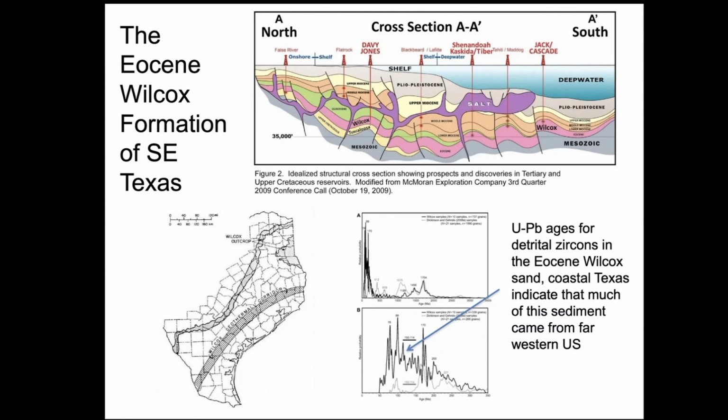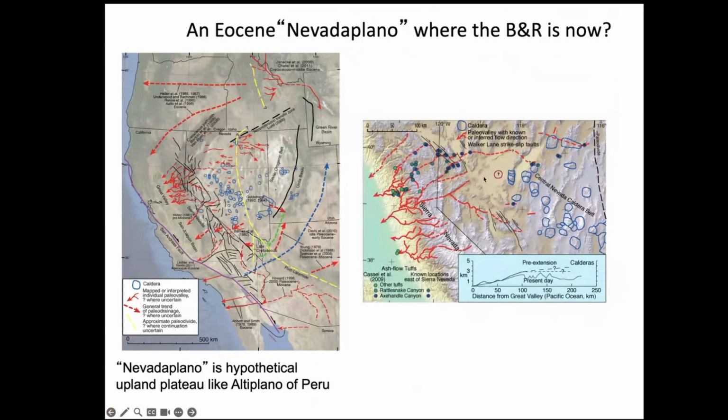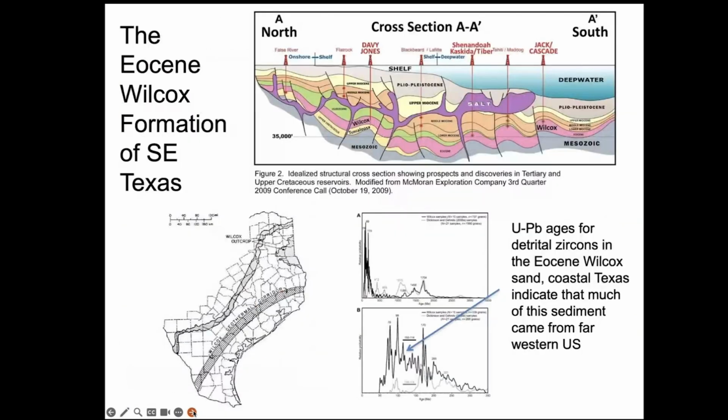There are no igneous rocks of that age. In order to find source regions that could shed those zircons, we have to go to this region. This region has lots of igneous rocks of that age. So the Nevadaplano and the sediments derived from it even play an important role in the economic geology of Texas.